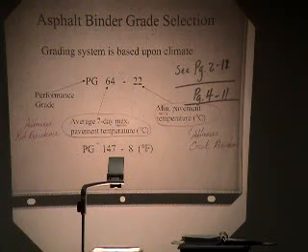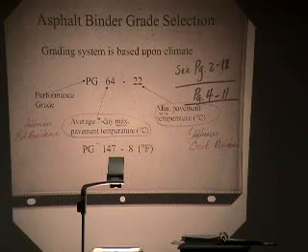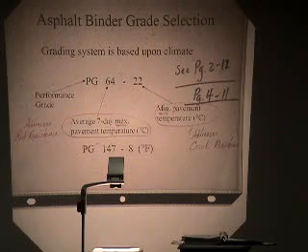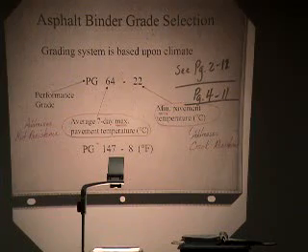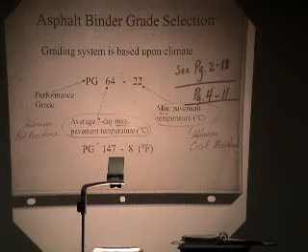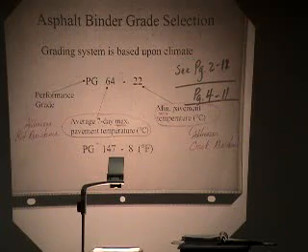And the Superpave specs say that once you've selected the grade based on environmental conditions, you want to consider the traffic loading that's going to be used in that pavement. And that you may want to use different grades, which would mean a higher temperature grade, for those situations where you have real heavy traffic, and especially a lot of truck traffic.